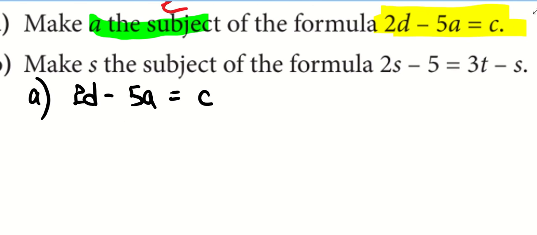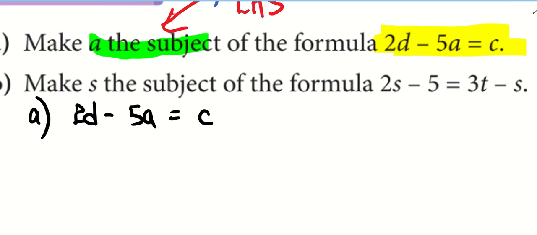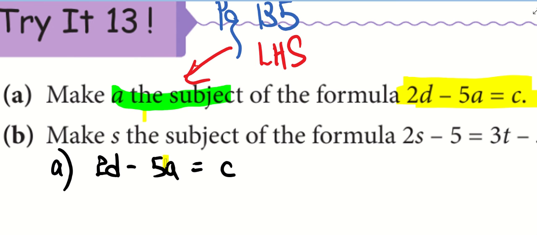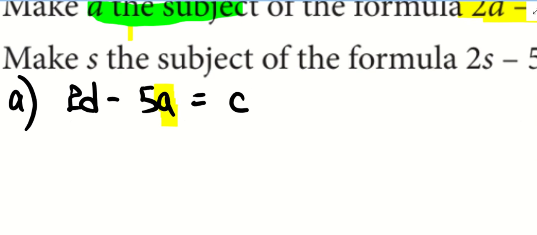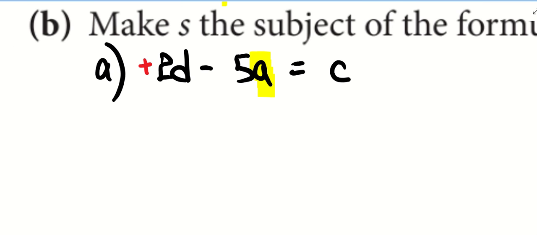Like I always say, we take care of the term that is further away first. Take note, A is on the left-hand side. So we keep A. Which is the term that is further away from A? Alright, there's an invisible positive sign in front of 2D. Take note, I want to keep A on the left-hand side.